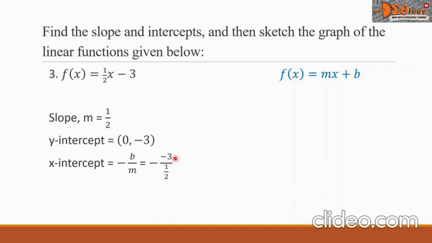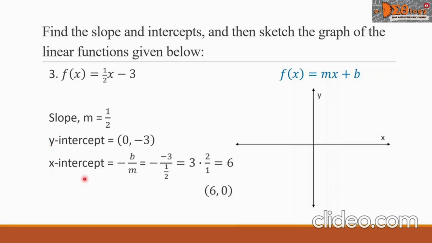So then we copy the 3 times this 1/2, we flip as 2 over 1. Then we multiply 3 by 2, 6, divide by 1 is 6. Then we write this value 6 as a point, and that will be 6 as the x-coordinate, and the y-coordinate is 0. Now we have the intercepts, the y-intercept and x-intercept.